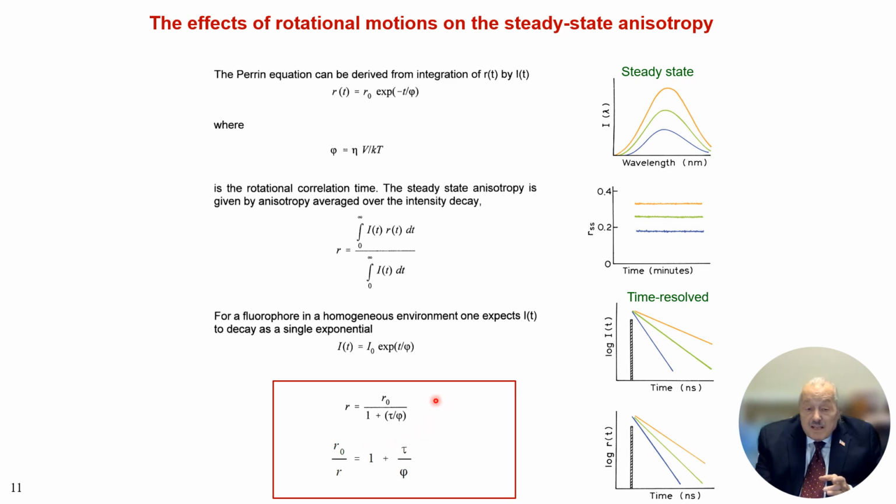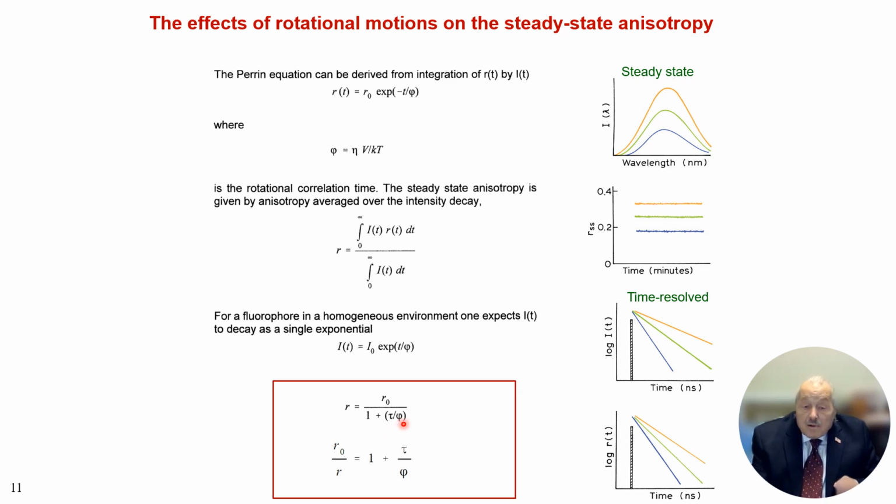This is the normal form that is used for the Perrin equation, where the fundamental anisotropy over the observed anisotropy is 1 plus tau over phi. So let's say that phi was very, very long. Well, let's go up to this one instead. Here we have r is r0 divided by the same term, 1 plus tau over phi.